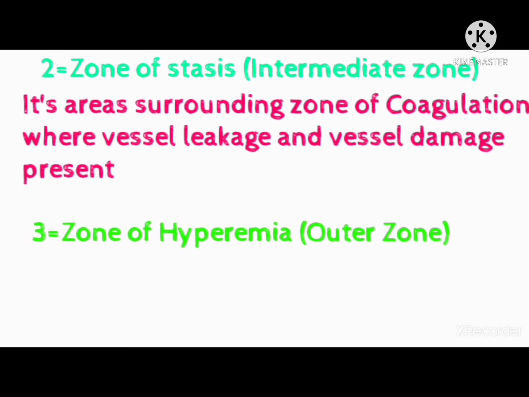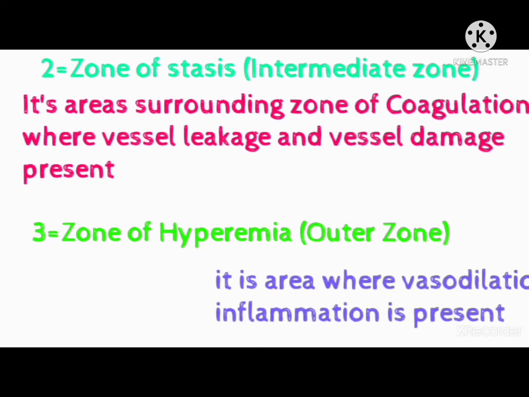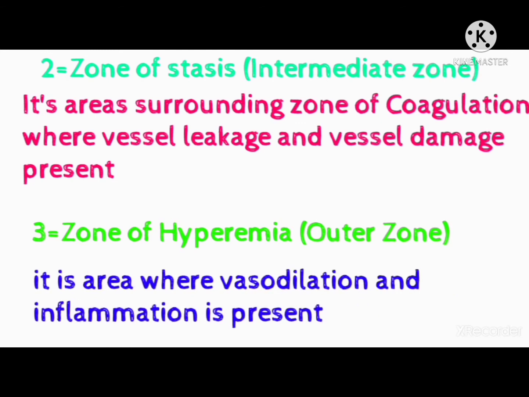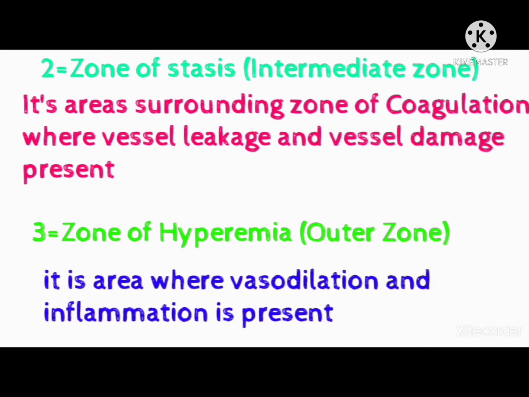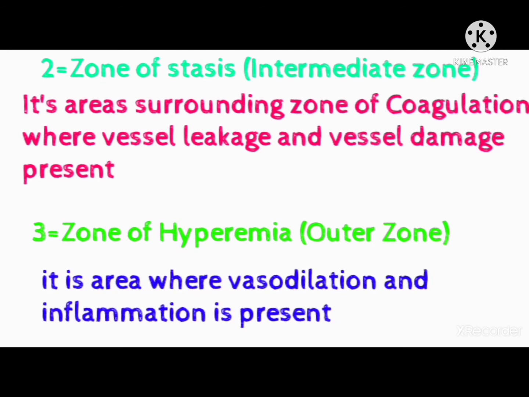In the zone of hyperemia, it is the area where vasodilation and inflammation are present. These are the 3 zones of Jackson, present in superficial skin or cutaneous injury.